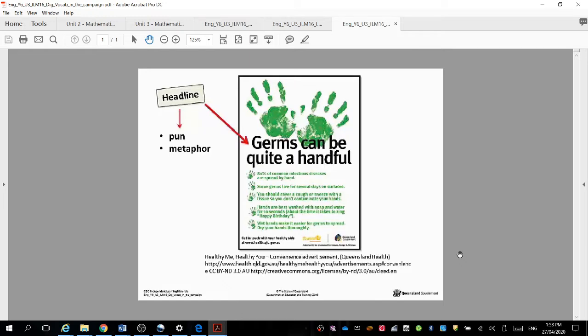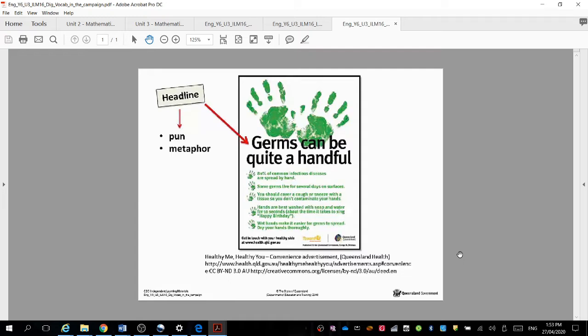Words with high modality, such as must, will, and definitely, show that something is really certain. Words with low modality like maybe, possibly, and might show that we aren't really certain of something. If you are trying to convince people to change their behaviour, you need to use highly modal words that show that there is certainty that their actions are harming them.